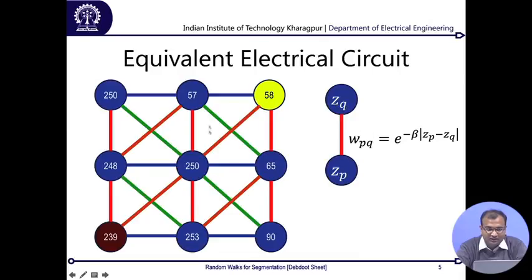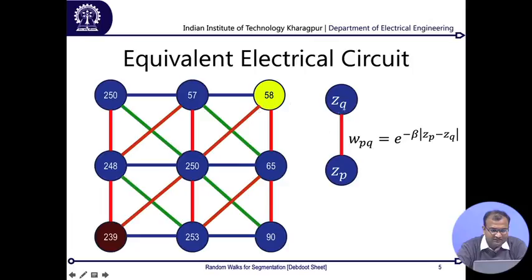These are not isotropic weights, each has a different weight of its own. The other point is that these graphs are all undirected, there is no directivity. So you can go from P to Q, you can go from Q to P, and the weight associated with either traversal is called WPQ. So WPQ is equal to WQP; if I interchange P and Q, there is no change in the equation.